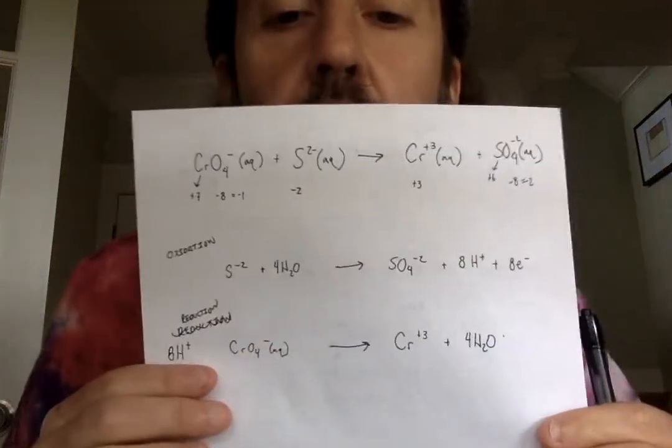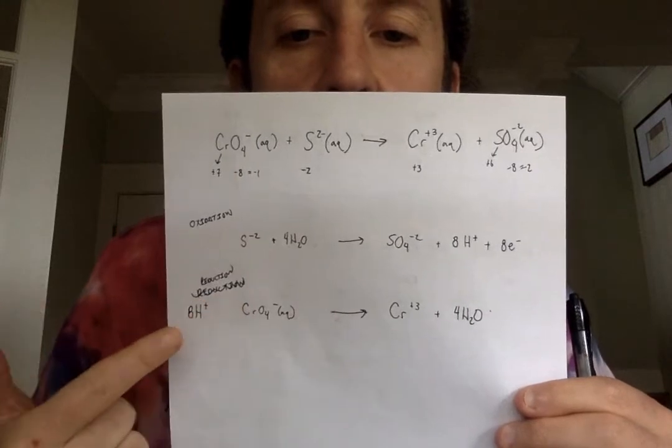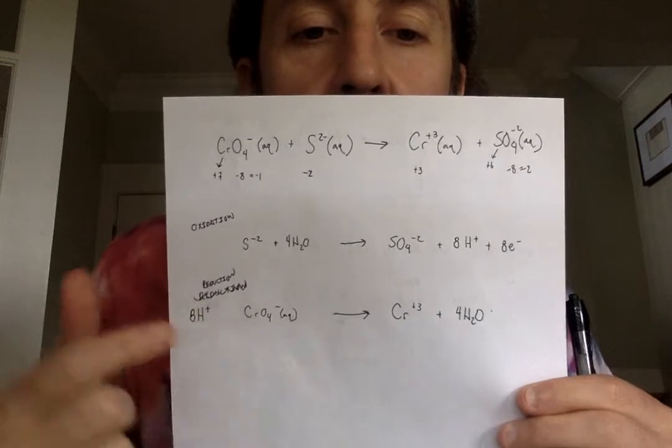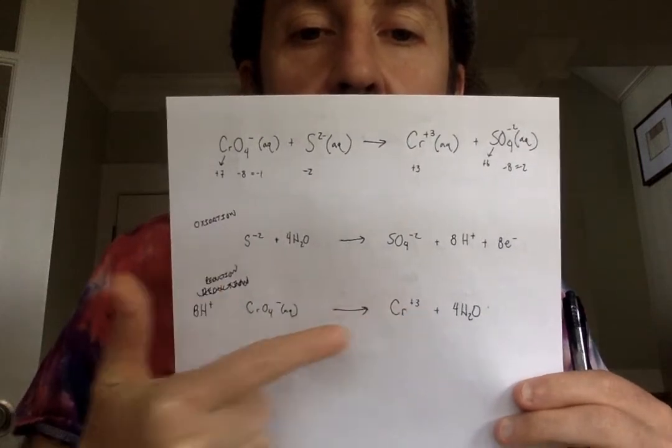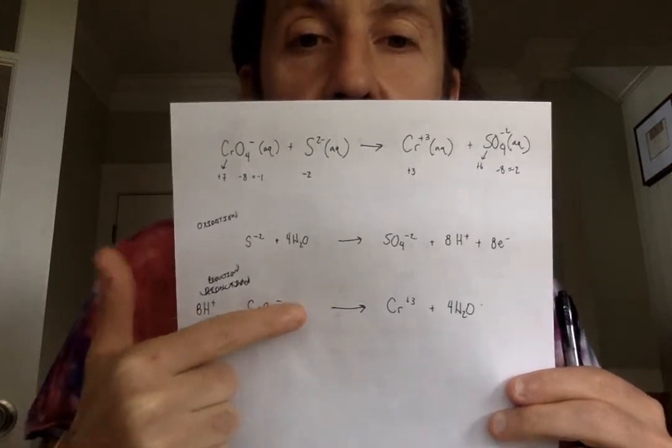And then to balance out the hydrogen, it's going to be 8H+. Okay, so we added the 4 waters, the 8 hydrogen, and then now I'm at a point where I got a +3 here, and then a +7, so I'm going to have to add 4 electrons right here.